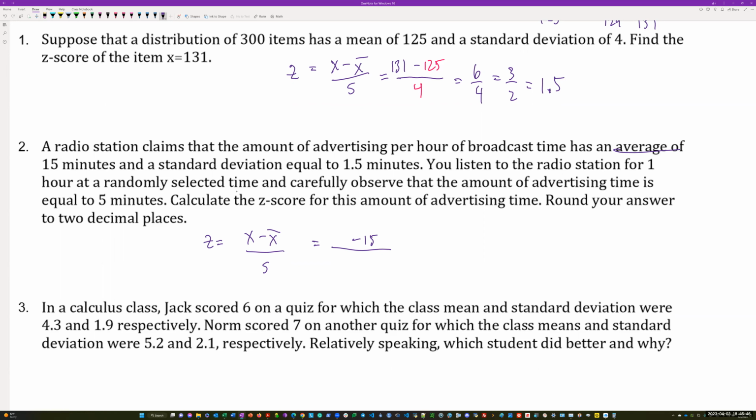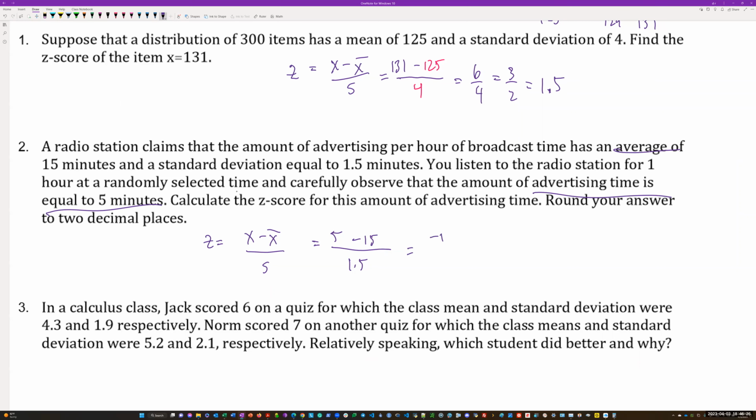What's the standard deviation? What's X? What's the value you're interested in? Five. He says that they observed that there was 5 minutes of advertising time. Is that correct? Does it make sense?